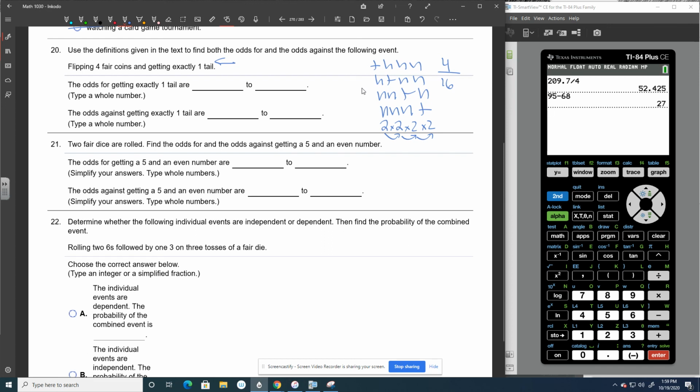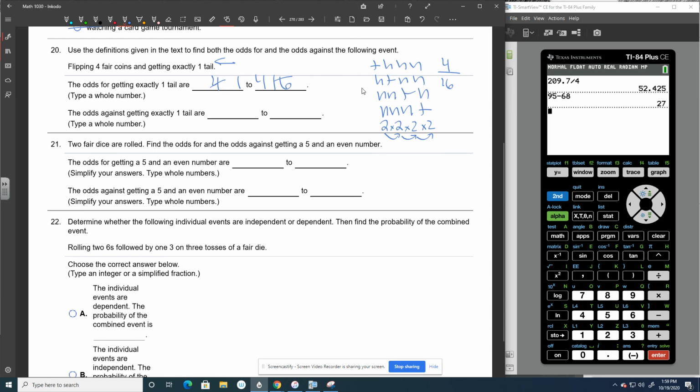So if 4 of those have 1 tails, that's 4 out of 16. So the odds for getting exactly 1 tails are 4 to 16. Okay. The odds against, which I would simplify to say 1 to 4, right?